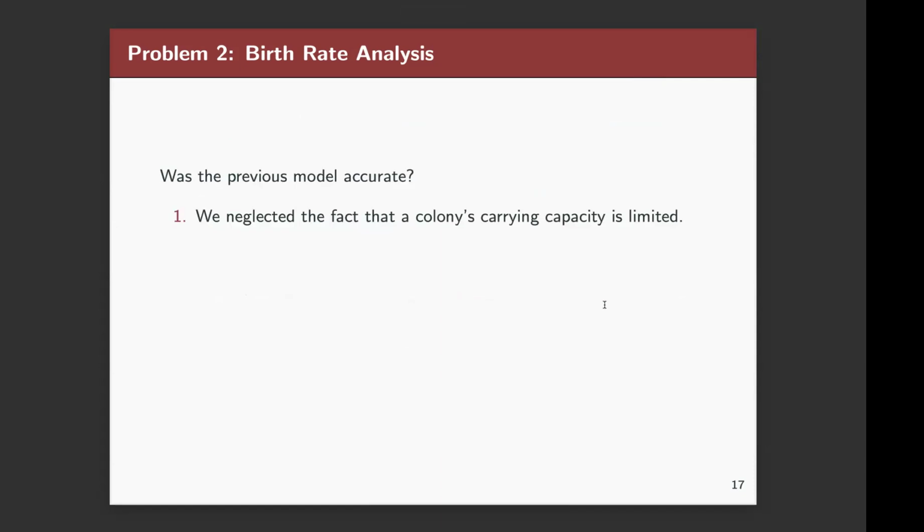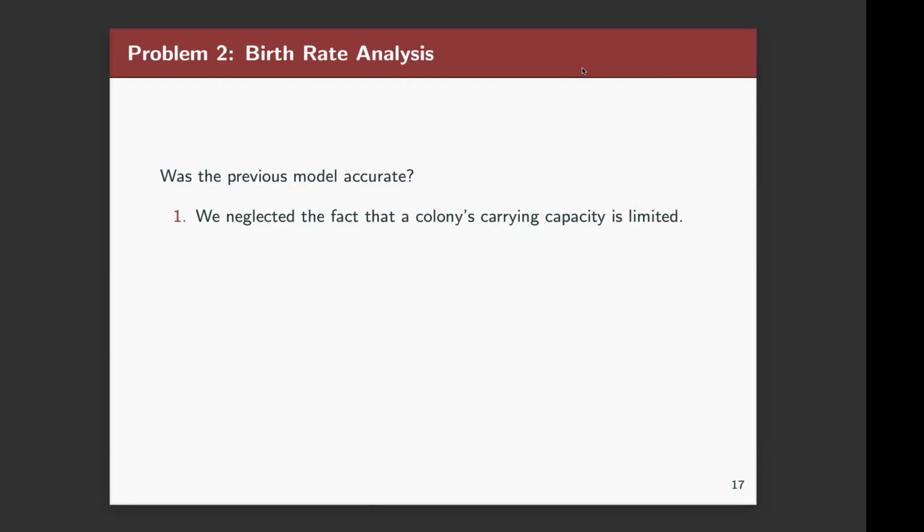Was the previous model accurate? Here, of course, it's not accurate because we neglected the fact that a colony's carrying capacity is limited. We are going to derive some death rate analysis, but even then, if the death rate analysis doesn't go well, and maybe the queen bee just likes reproducing a lot, then maybe they'll reproduce like 100,000 bees in a short period of time.